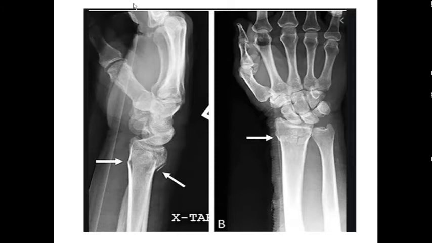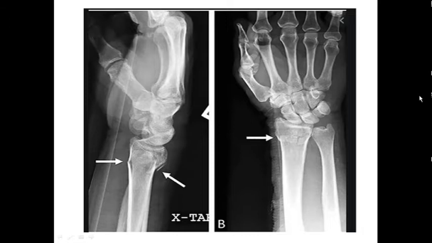Sure, because it was described by Abraham Colles. Which Colles? Abraham Colles. Okay, that's right. This fracture was first described by Abraham Colles, in around I think 1814. So it is called Colles fracture.